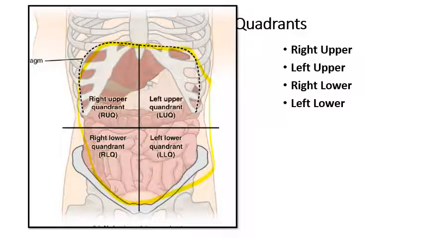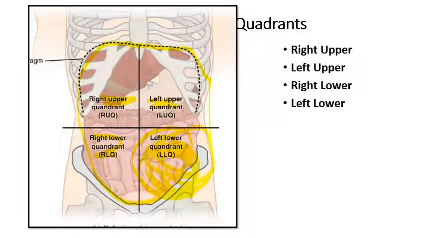So here we have the left upper quadrant, the right upper quadrant, the right lower quadrant, and the left lower quadrant. If somebody says, I have pain over here, the doctor or the nurse practitioner will write down pain in the left lower quadrant. That's the technical term for those parts of the abdomen.